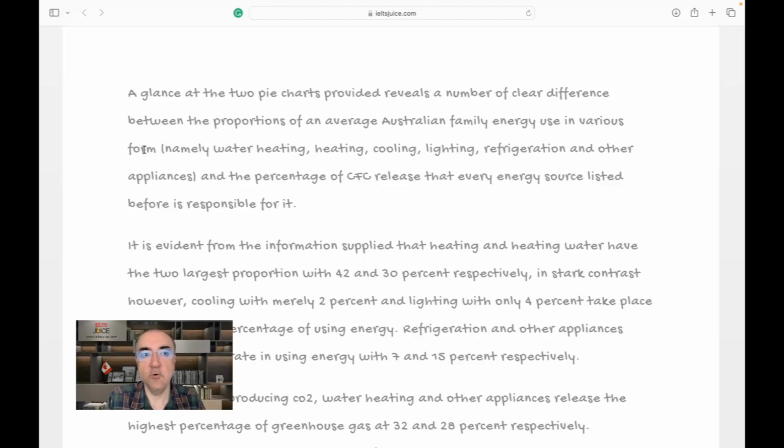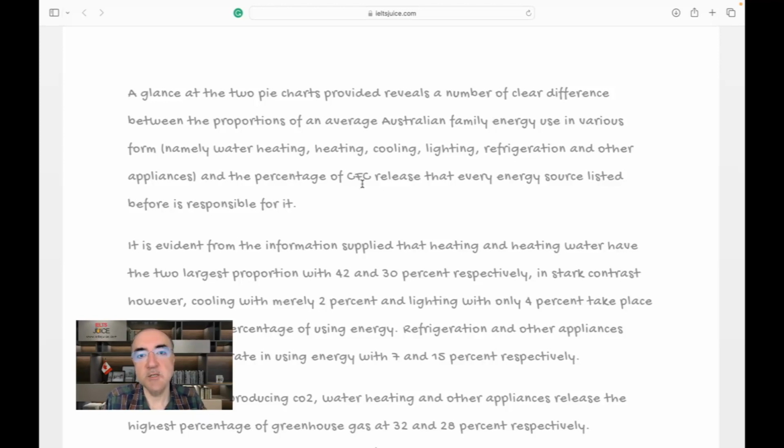Again, various form is countable, so we need to pluralize it. Namely, water heating, cooling, lighting, refrigeration, and this is a listing comma. We need the final comma and other appliances.